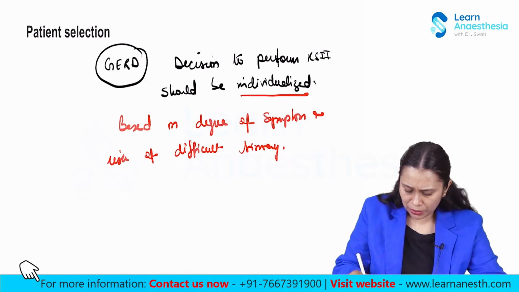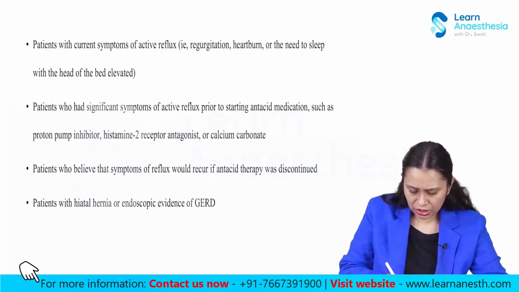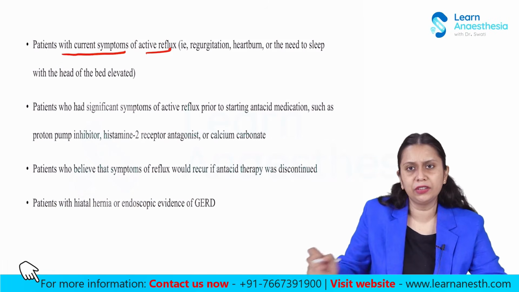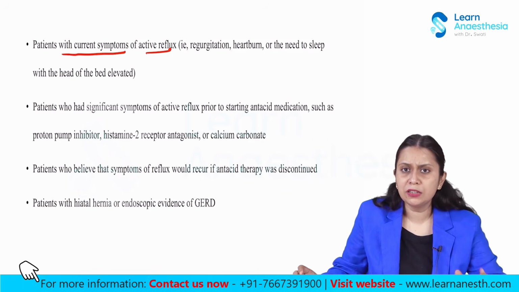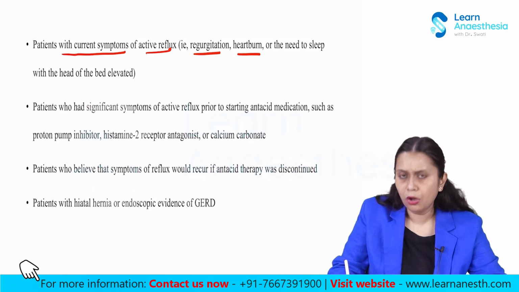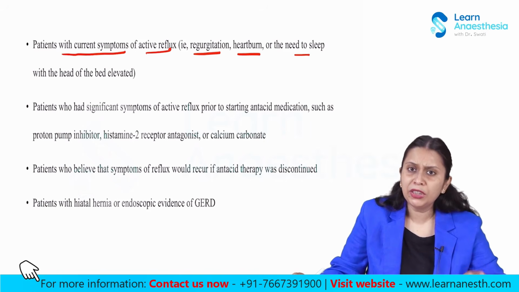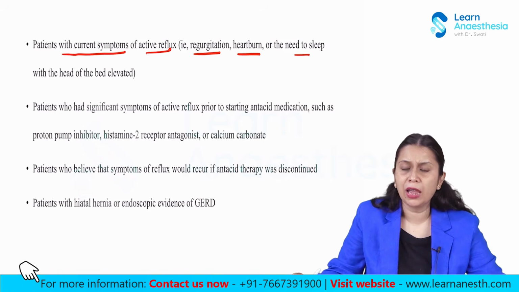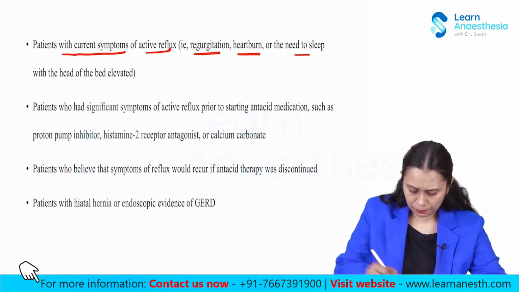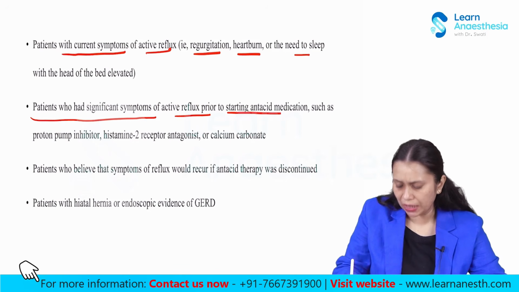So for a patient with GERD, what kind of patient do we need to select for RSII? A patient with current symptoms of active reflux, like regurgitation, heartburn, or needing to sleep with the head up to prevent passive regurgitation, a patient on heavy antacid medications, a patient who had significant symptoms of acidic reflux prior to starting antacid medication.